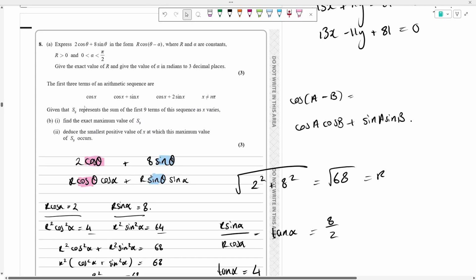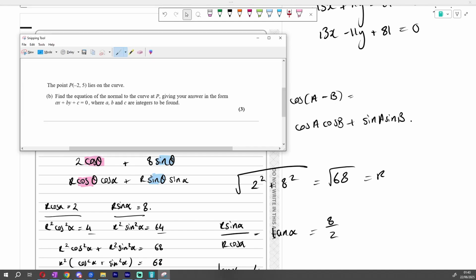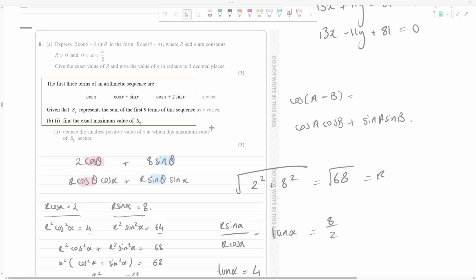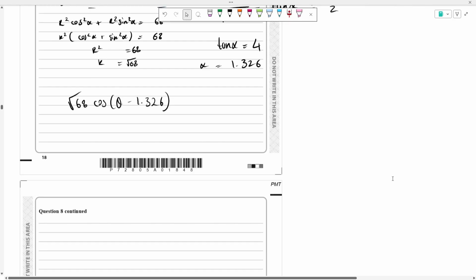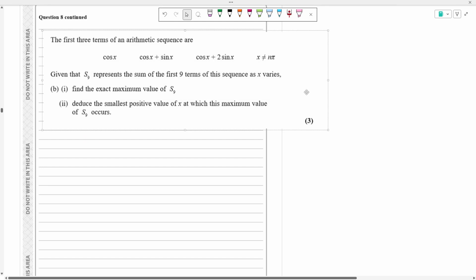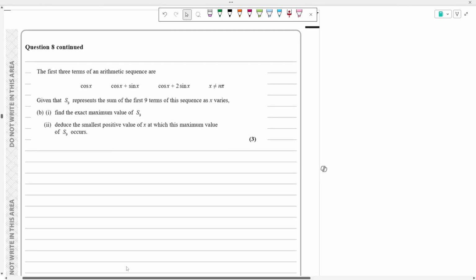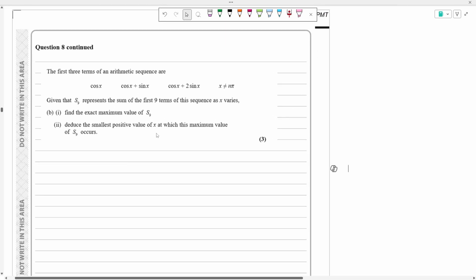Now, part B, the first 3 terms of an arithmetic sequence are this. I'm actually going to copy this down and bring this across. And here we go. So this is an arithmetic sequence, and you can see each time what's happening is you're adding sine x.